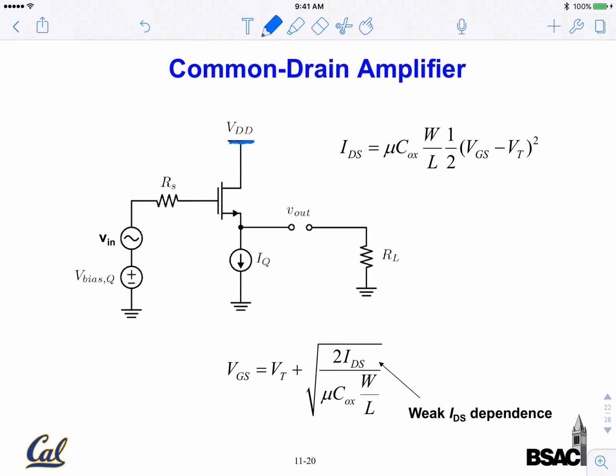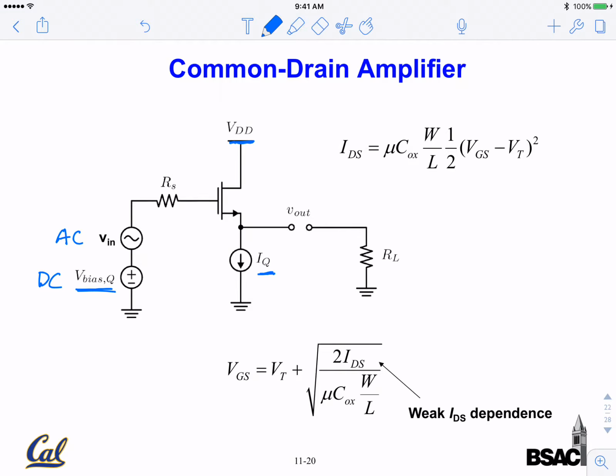And we need to set up the gate. So we have a DC bias voltage. We have AC here, so this is DC. We have AC, and there's a source resistance that's usually accompanied by whatever source we feed to it. We need to bias the transistor. The most important bias is the drain current. Okay, so we bias it with this IQ here.